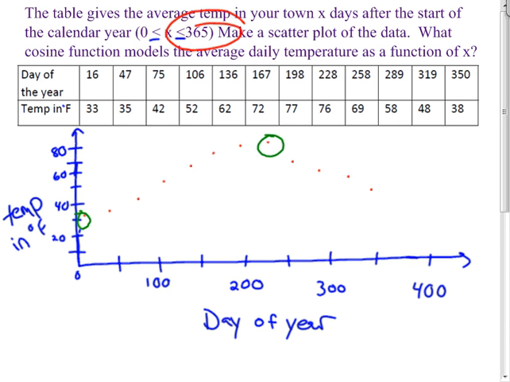So I've got to figure out what's my max temperature, what's my min temperature. So it looks like on here my max temperature is 77, and it looks like my min temperature is 33. So it gives me my max value, it gives me my min value. So halfway between there is going to be my midline.